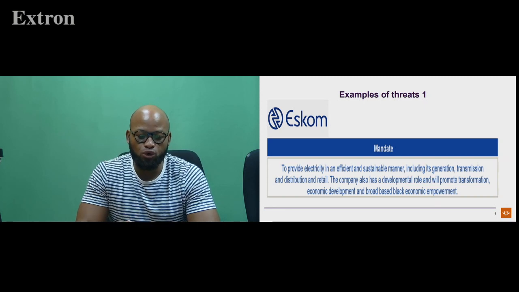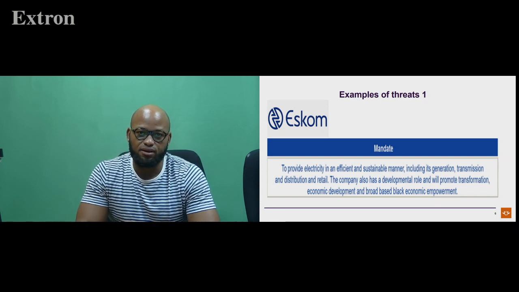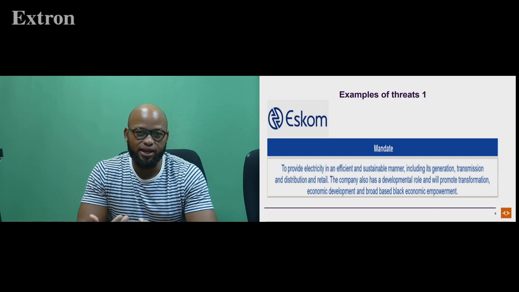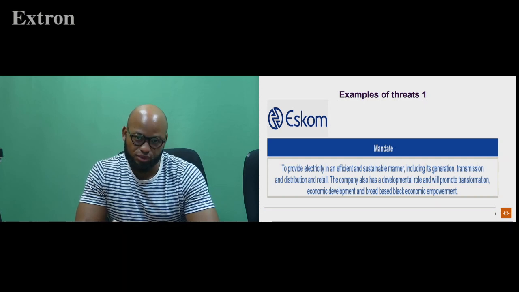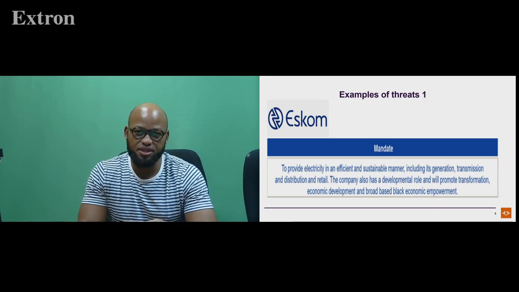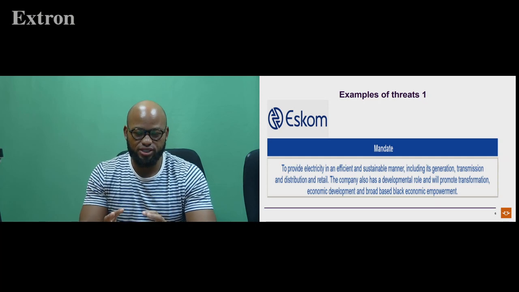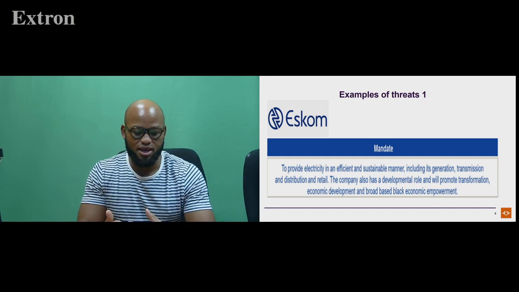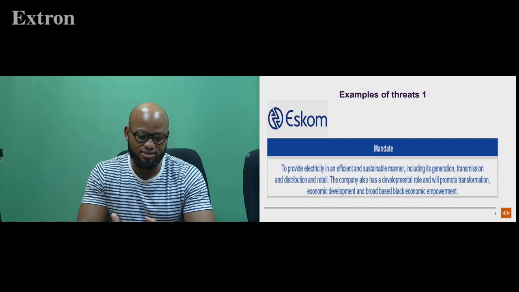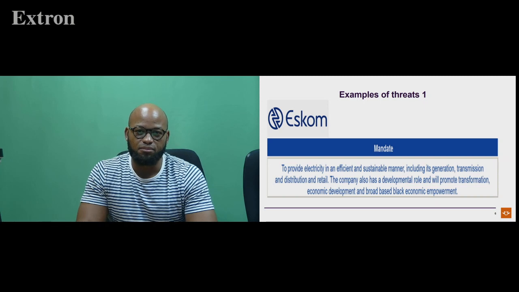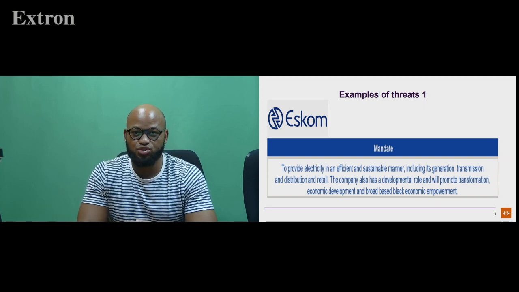So we know that there's currently rolling blackouts, or load shedding. So there's already something that has happened, something we're all experiencing. Eskom is unable to provide us at the moment with efficient and sustainable electricity. But that is not the threat, that is the actual event.